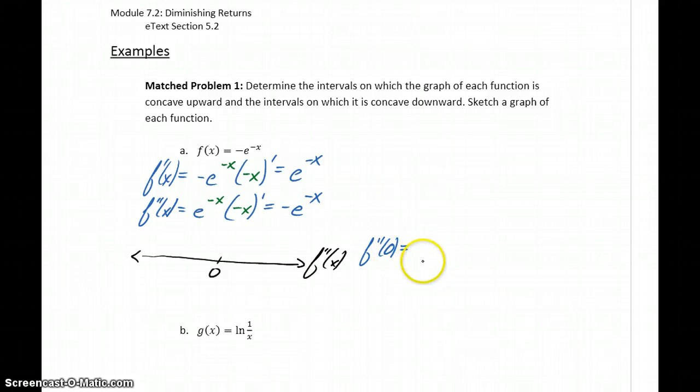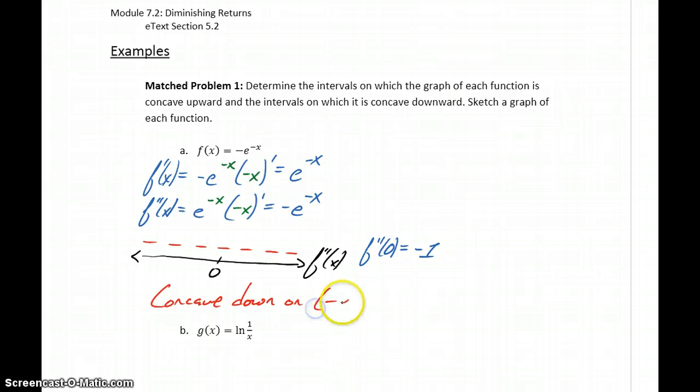So in this case, we'll get negative e to the 0 power or negative 1. So for all values of x, our second derivative is negative, meaning that our function is concave down on negative infinity to infinity.